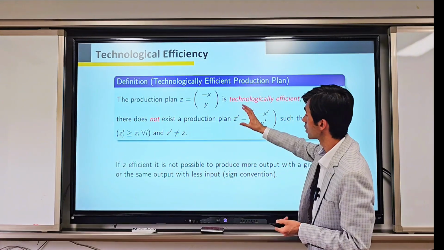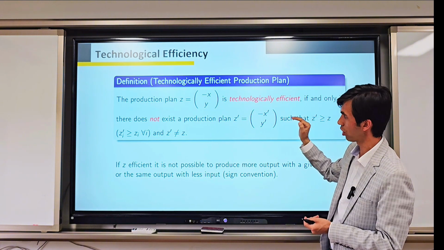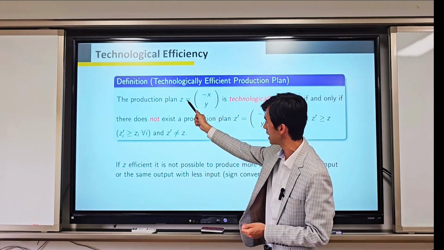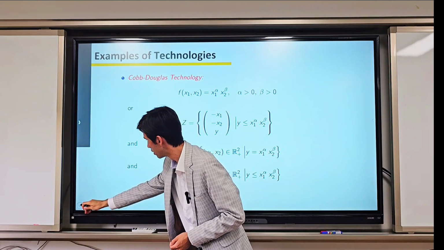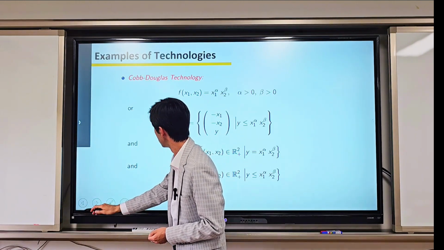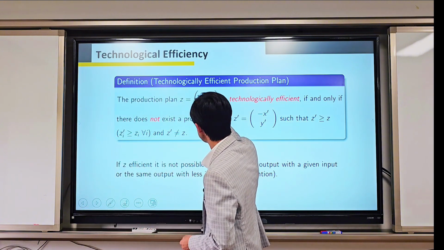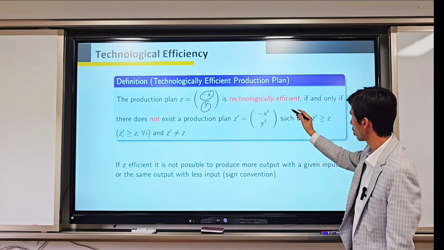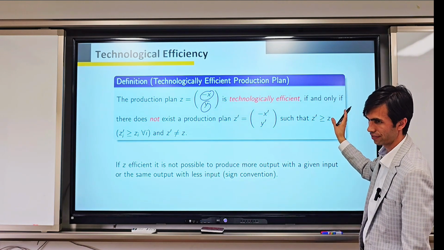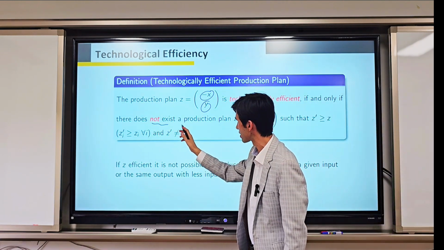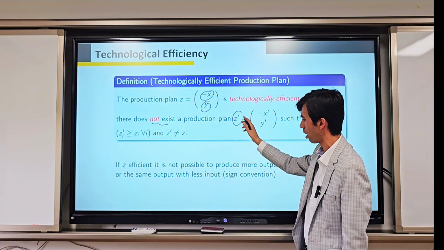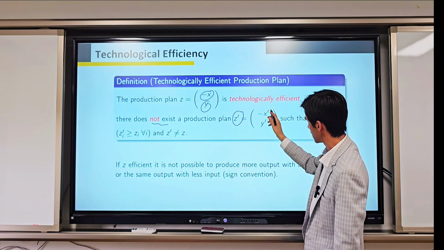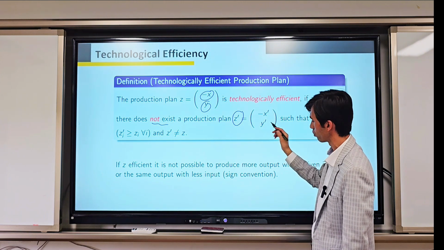So also we have technological efficiency, and this is the definition. If we have a production plan z, which is a vector of inputs and outputs, it is technologically efficient if and only if there does not exist a production plan z prime, which is a vector of minus x prime and y prime.